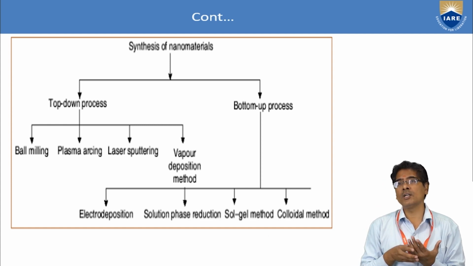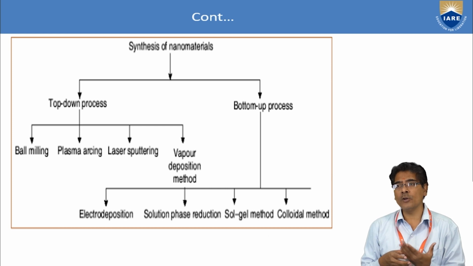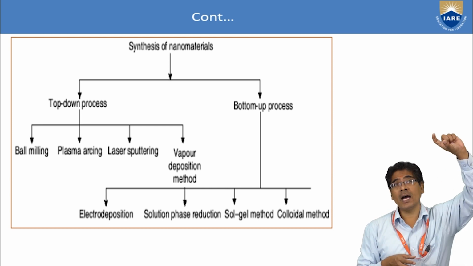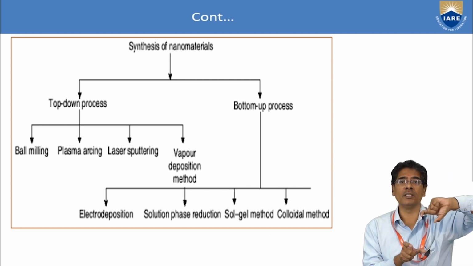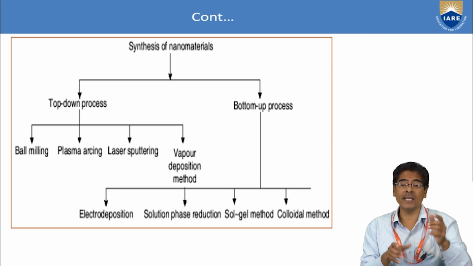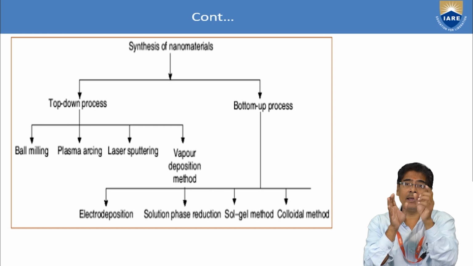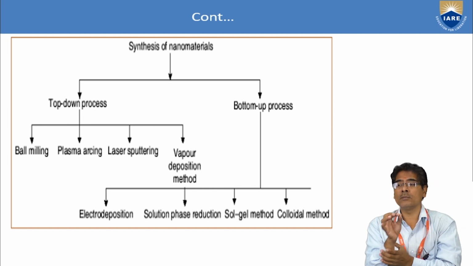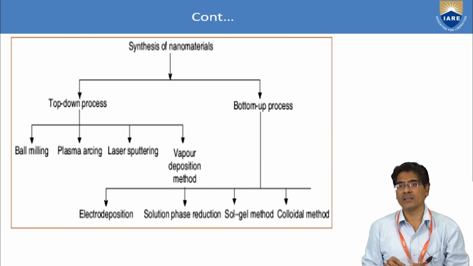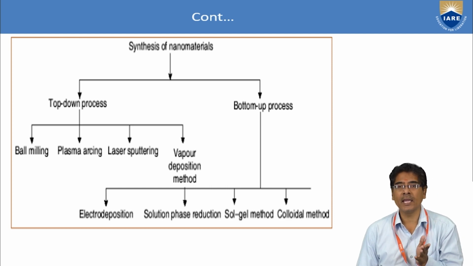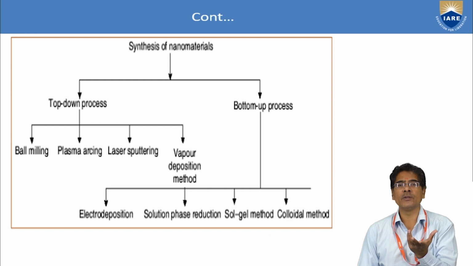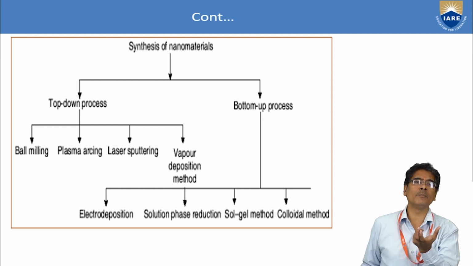Now, if you go for the top-down process, the top-down process means taking a large entity, a bulk material, and reducing it into a nano-sized material, right? That means breaking down the bulk material. If you take a sugar lump, that is a bulk material.